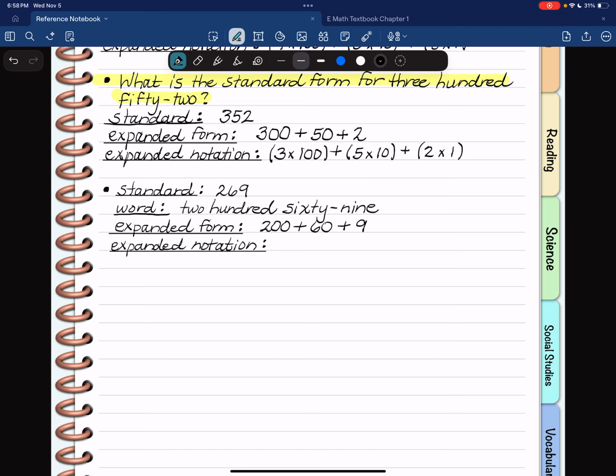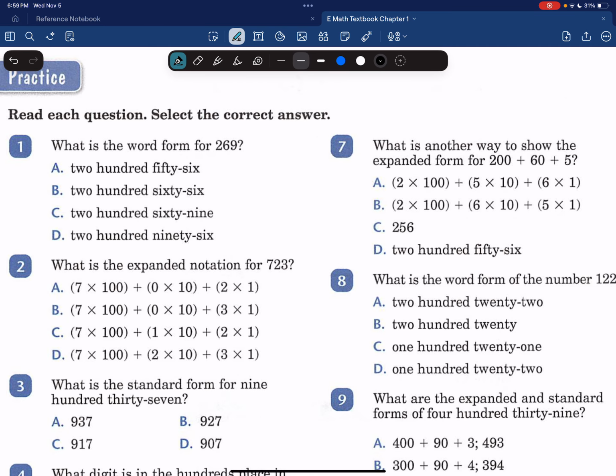To get $200, you would need 2 of those $100 bills, plus 6 of the $10 bills, plus 9 of the $1 bills. And that would give you 269 bills.